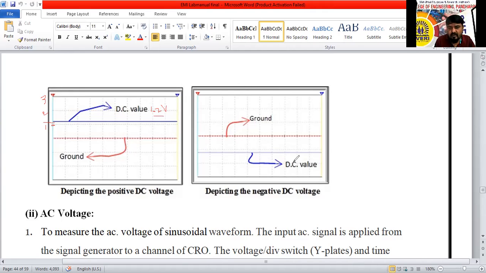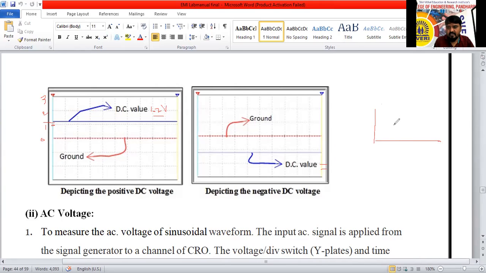Anyone, can you tell what is the value here now? Another diagram has a DC value. What is the value of this DC value? Here the x-axis is there, and here the y-axis is there.